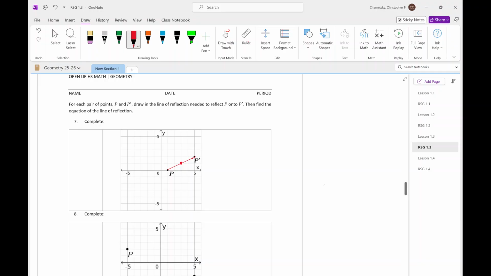That's our midpoint, and our slope is up 1 over 2, so that slope is 1/2. Our perpendicular slope for our line of reflection is going to be negative 2 over 1. So from this midpoint, I'm going to go down 2 over 1, down 2 over 1, and backtrack the other way.